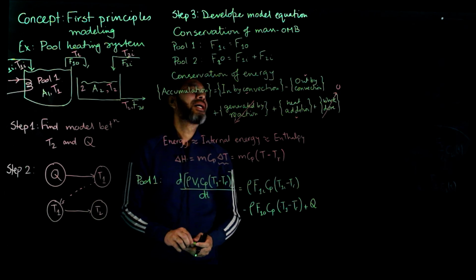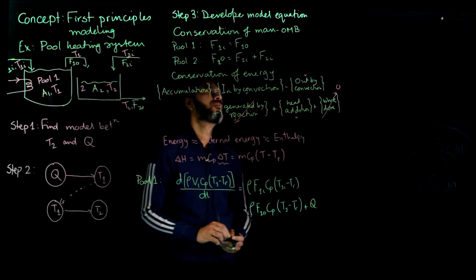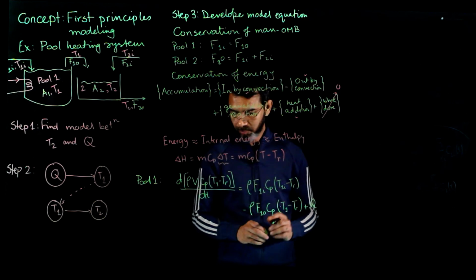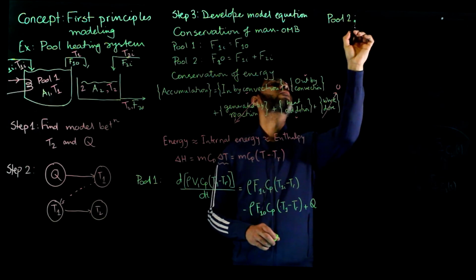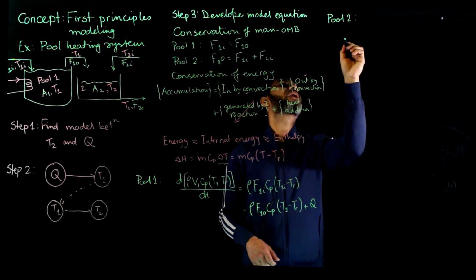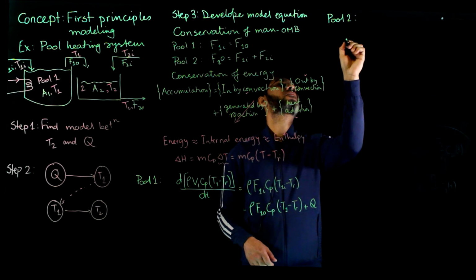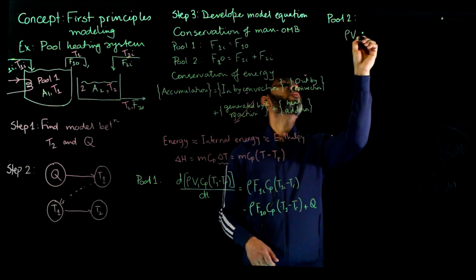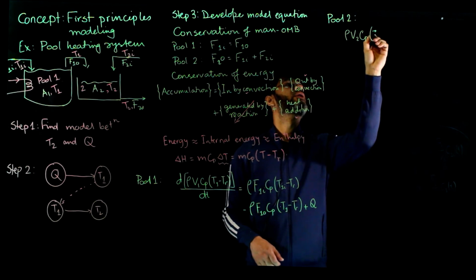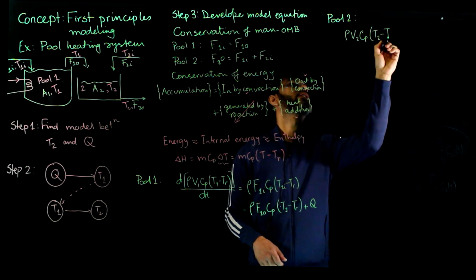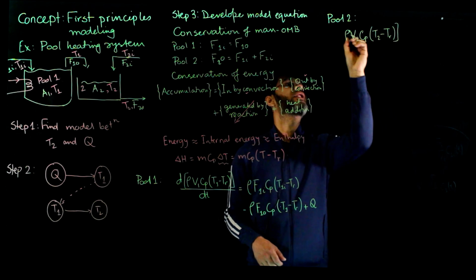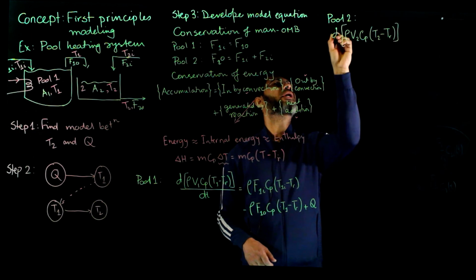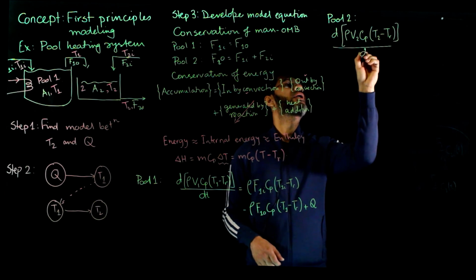So now look at the second pool. So pool 2, the accumulation term becomes rho V2 Cp (T2 minus Tr) again d/dt.